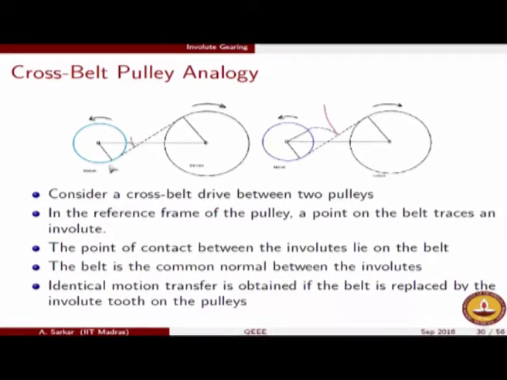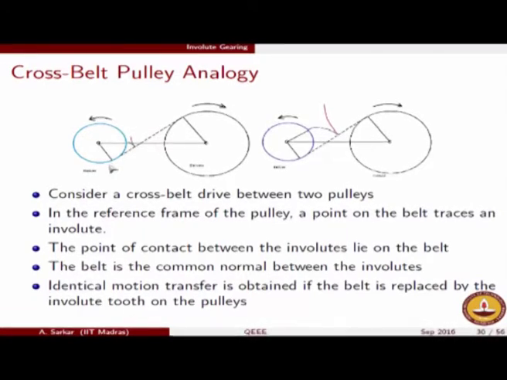When that happens, whatever is the action of the belt is getting replaced by a force transfer between the two involute tooth profiles. So the two involute tooth profiles are now engaging, and when they are engaging, there is a force transfer that can happen, and because of the force transfer there will be a motion transfer.